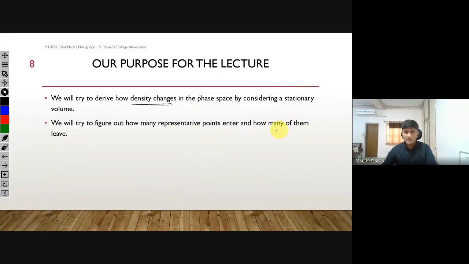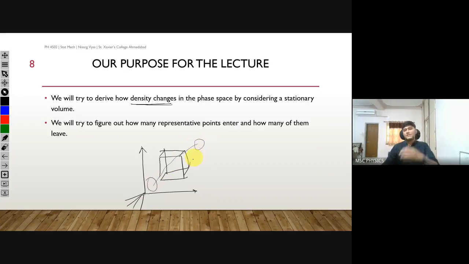So we want to know how this density in the phase space changes by considering a stationary volume. It means that you have a phase space, and you consider a stationary volume inside the phase space. Your whole system, the representation of the whole ensemble, all points, is moving from here to here, let's say.